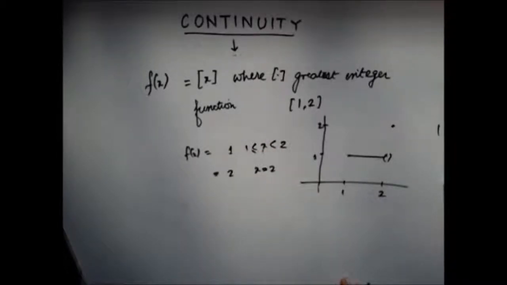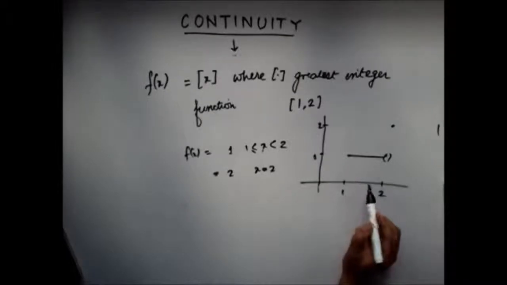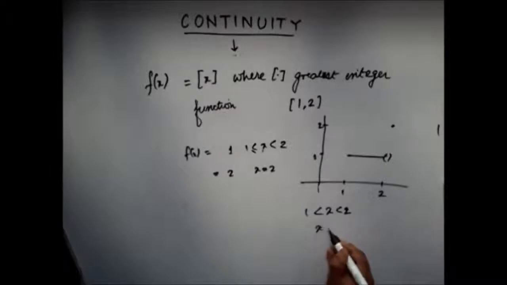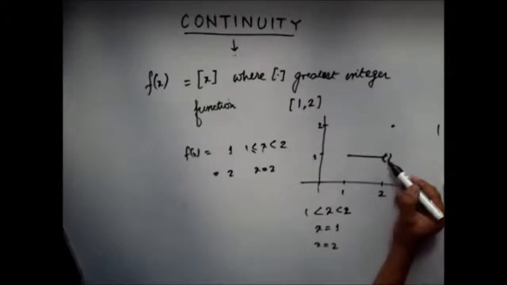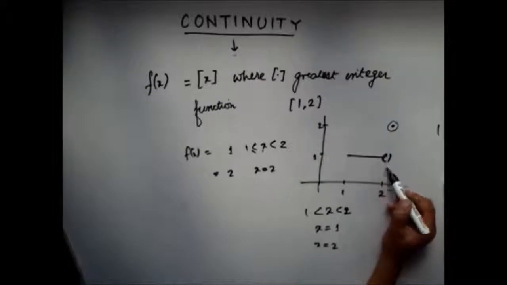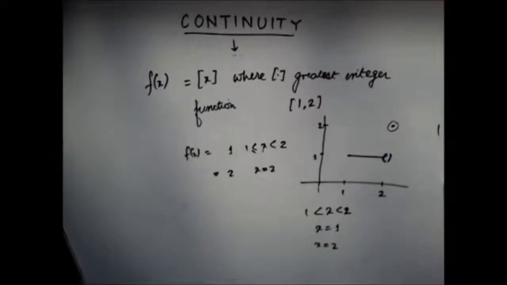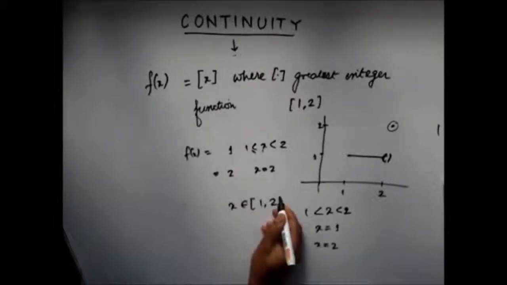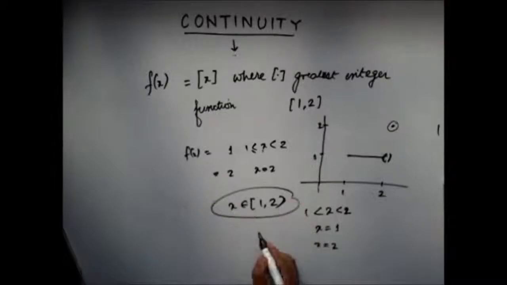So obviously you see that the function is continuous between 1 and 2. The function is continuous at 1, but the function is not continuous at x equals 2, because at x equals 2 the functional value is 2, whereas the limiting value or the left hand limit is equal to 1. So the function is continuous in this interval, but it's discontinuous at x equals 2.